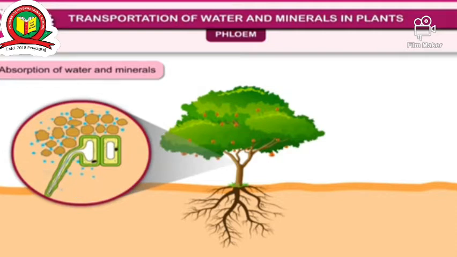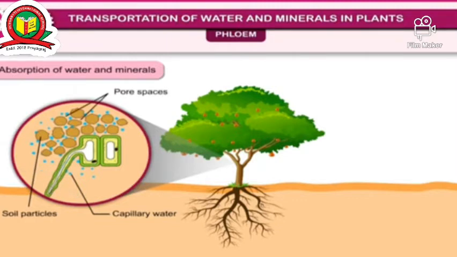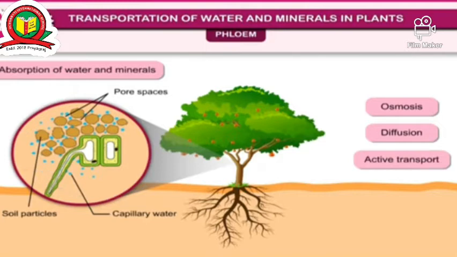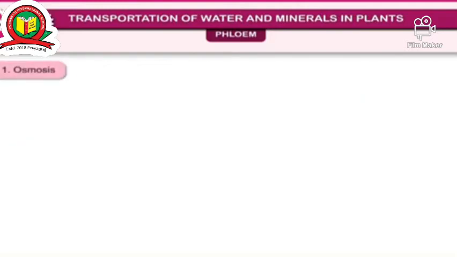The solution of water and mineral salts is termed capillary water and is present between the soil particles, called pore spaces. Along with water, mineral salts also enter the roots of the plant by the process of osmosis, diffusion, and active transport. 1. Osmosis.